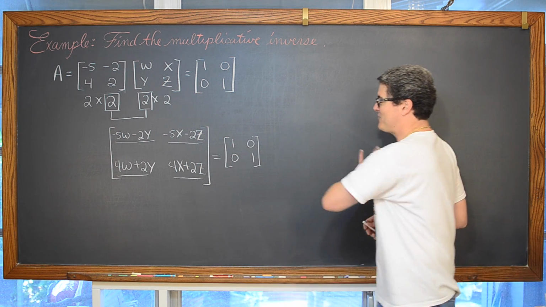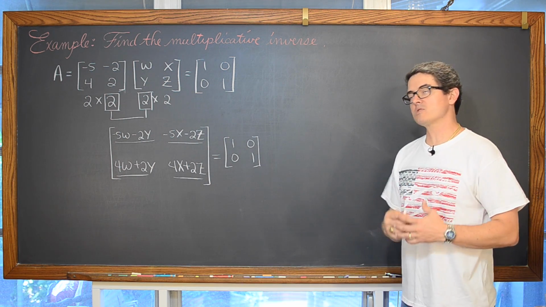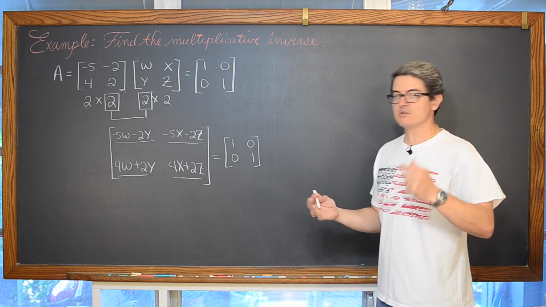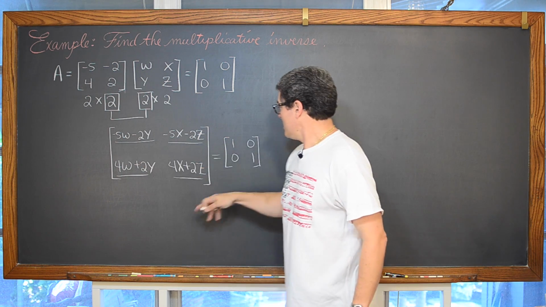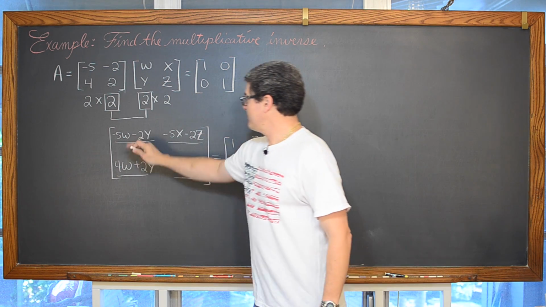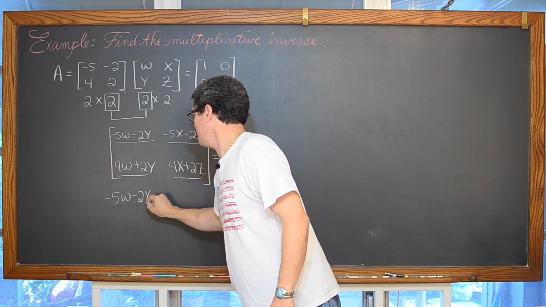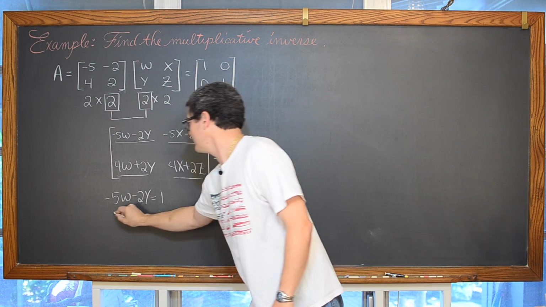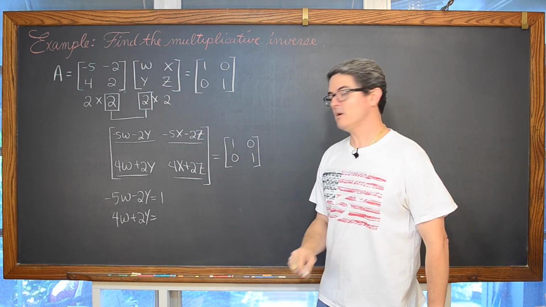Okay, now if this 2 by 2 matrix is equal to this 2 by 2 matrix, then all the corresponding elements have to be equal, by the definition of what it means for two matrices to be equal. So first row, first column: negative 5w minus 2y has to equal 1, and 4w plus 2y has to equal 0.